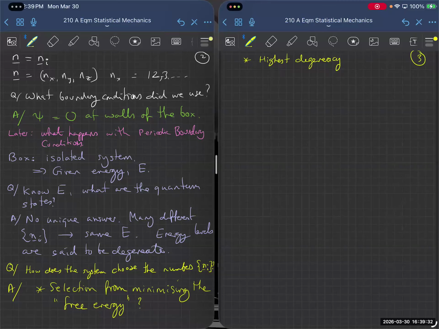There are several different choices of them, and all of these have the same energy. So the multiplicity, or the degeneracy, is associated with the energy level, not with the ns. Does that make sense? Okay. I know where you're going with your answer, but that's a clarification that might be useful.